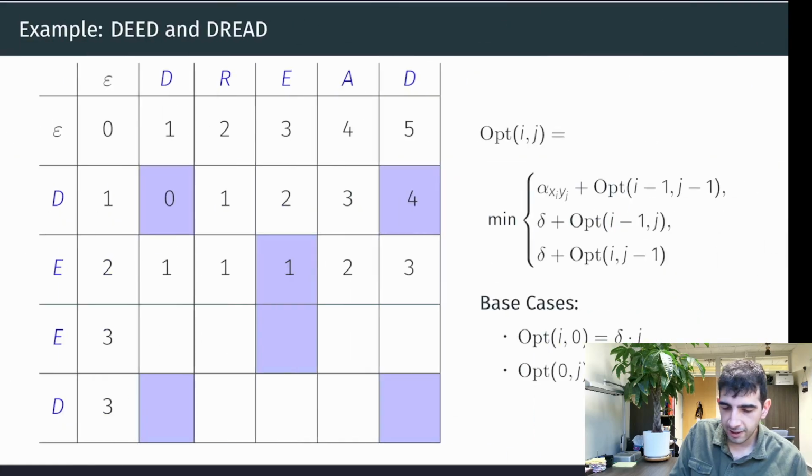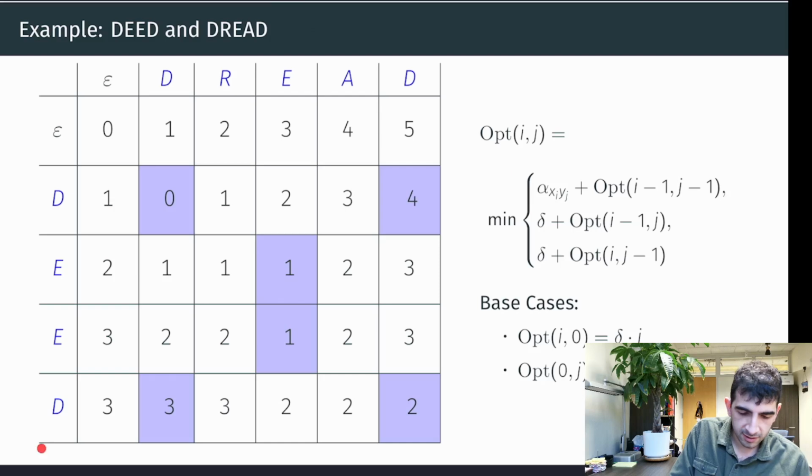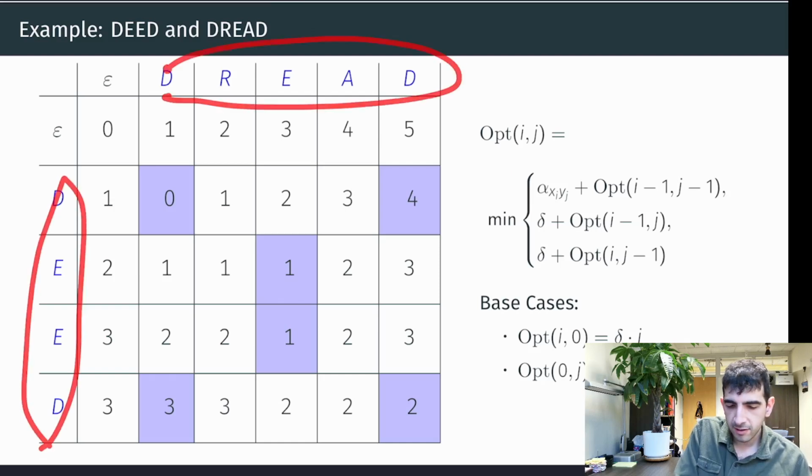And we do that again and again until we reach this final point, where the table says that the optimal alignment between deed and dread has a cost of 2.